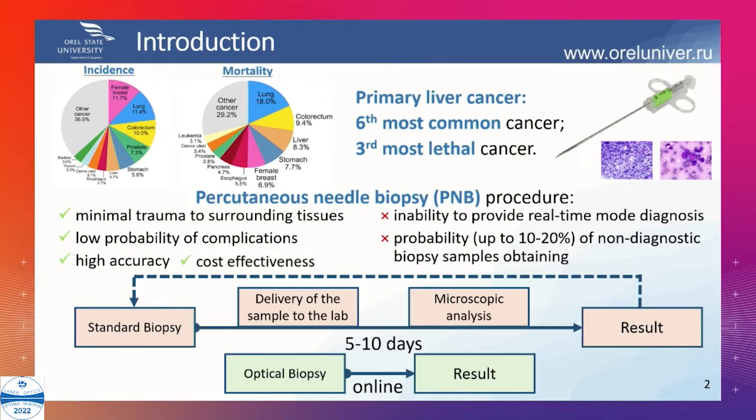Unfortunately, due to many factors, the percentage of non-diagnostic samples reaches 10 to 20% according to various data. The use of new optical methods can help increase the efficiency of PNB.